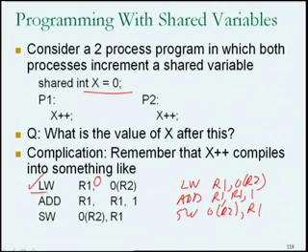Let us suppose that at that point in time there is a context switch and process P2 starts executing. So, process P2 also loads from the variable x, which still contains the value 0. So, it loads the value 0 into R1. It increments its R1 by 1 to make R1 equal to 1. It stores the value of R1 into the variable x, so that x becomes equal to 1.